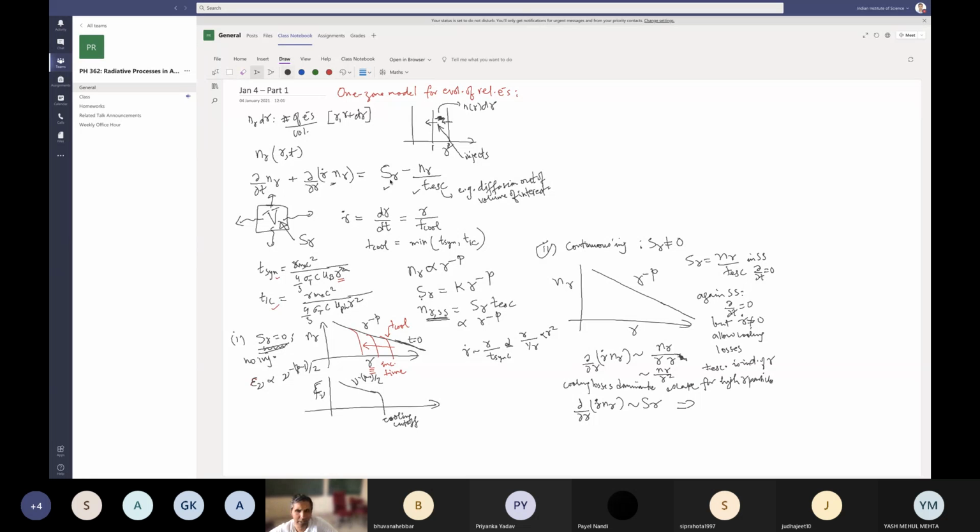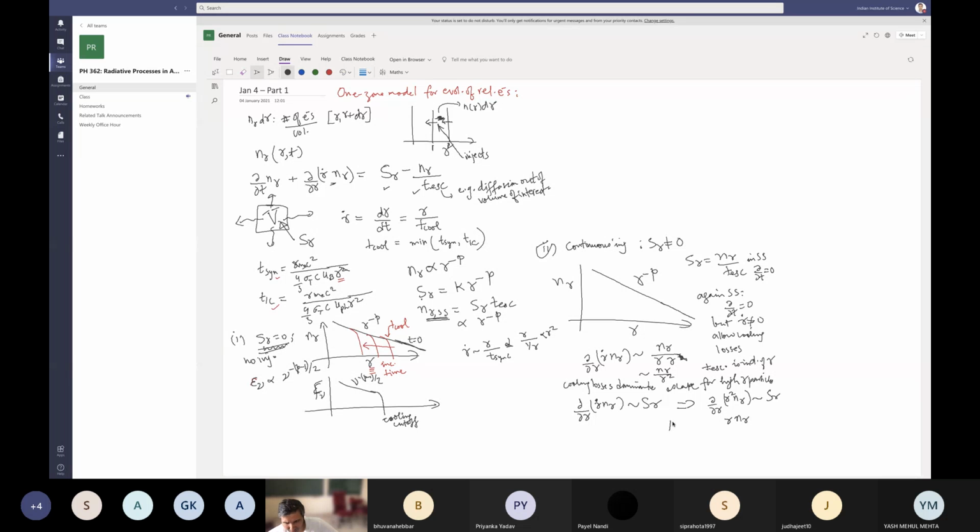Right. So what happens is, gamma dot is proportional to gamma squared n gamma, right? So gamma dot is higher for higher gamma. This balances as gamma. So if we assume a power law form for n gamma, then this gives us gamma times n gamma in steady state.